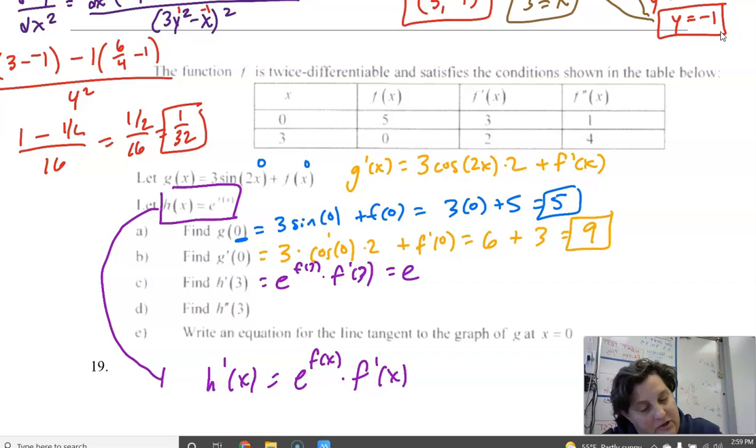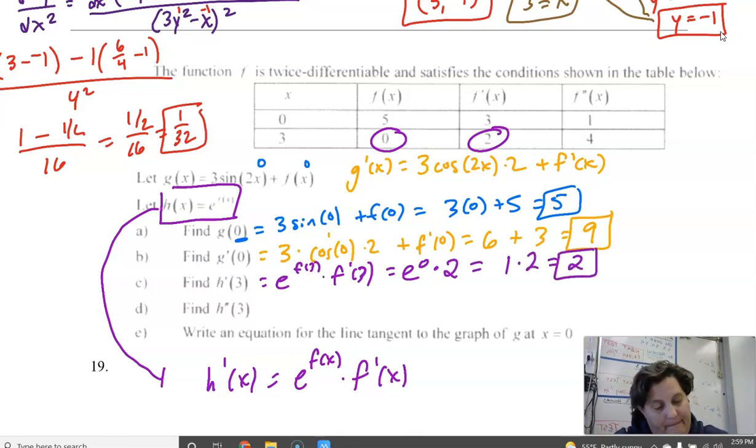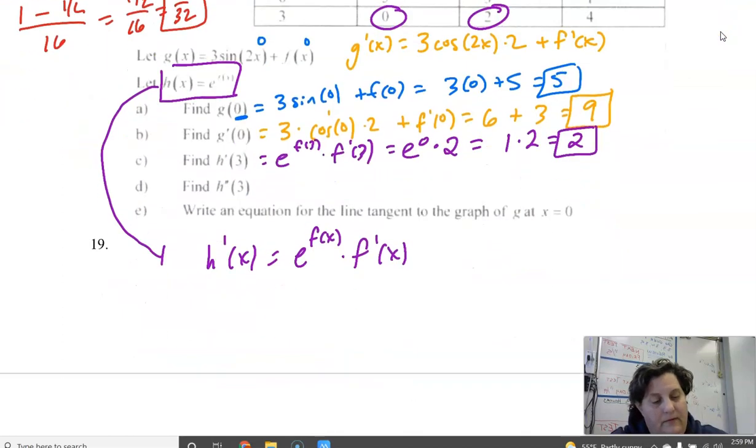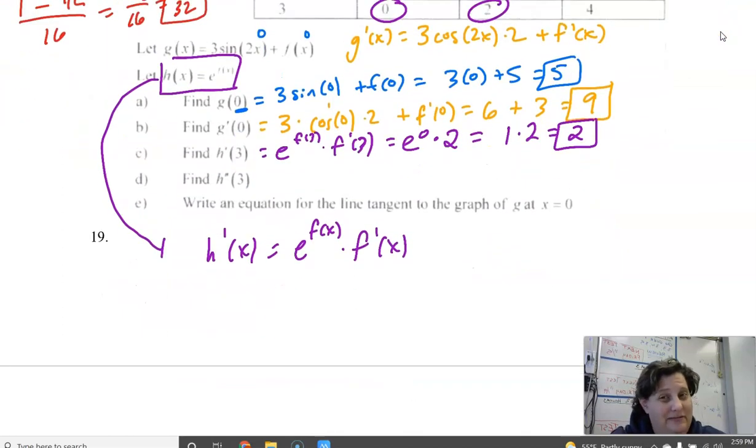Well, e to the f of 3 is 1. And then this is times f prime of 3, which is 2. So 1 times 2 is 2. All right? Not too bad so far.